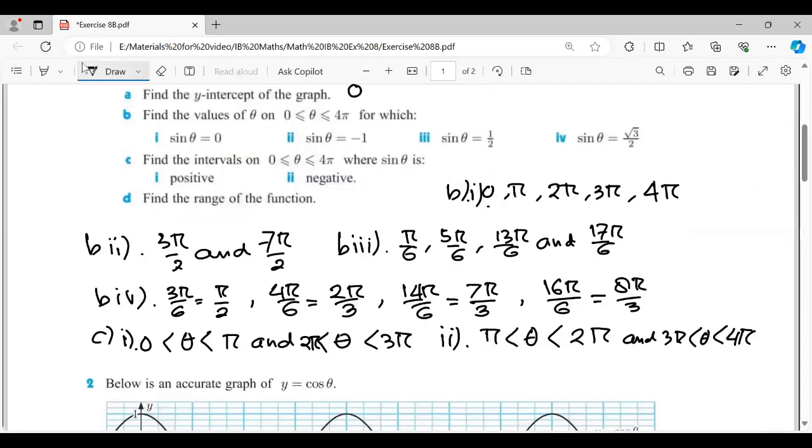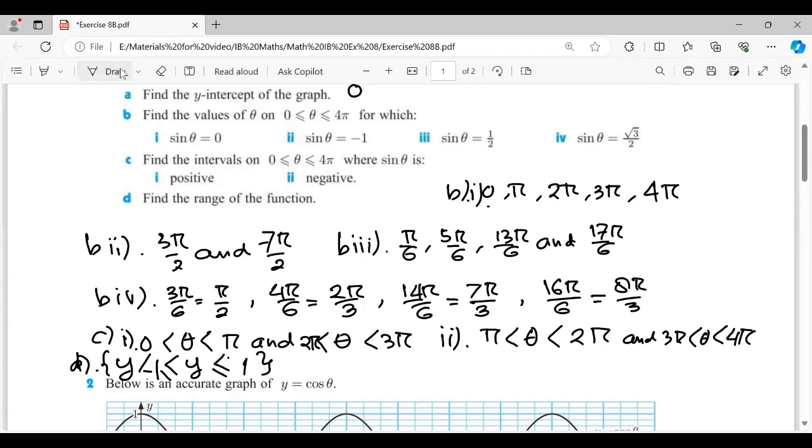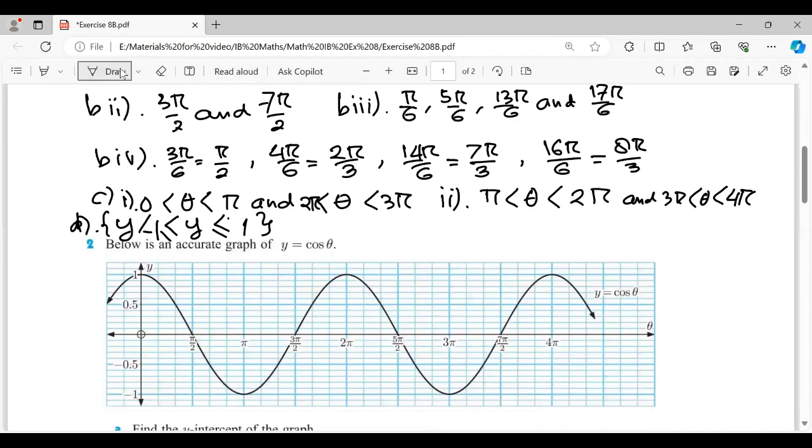You can write the interval as R, y, which y is greater than or equal to -1, less than or equal to 1.